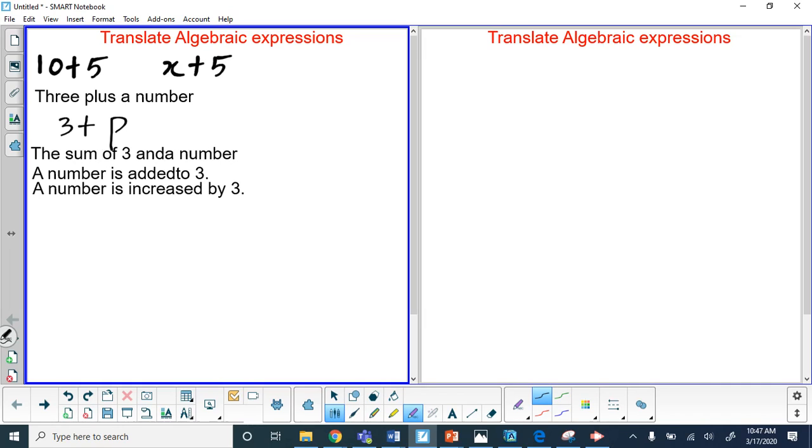Therefore, if you are asked to translate the sum of 3 and a number, a number is added to 3, or a number is increased by 3, your answer is 3 plus p. Now, if you ask me, can you write this as p plus 3? Yes, you can write it as p plus 3 because in addition, the order doesn't matter.